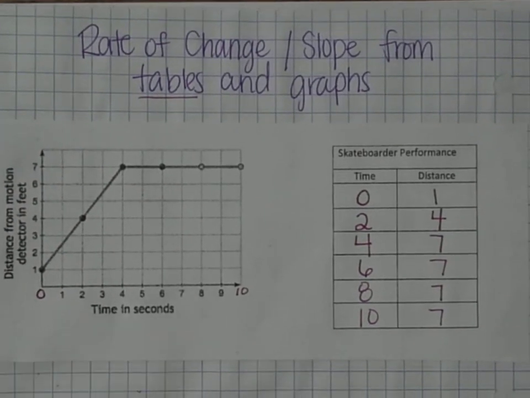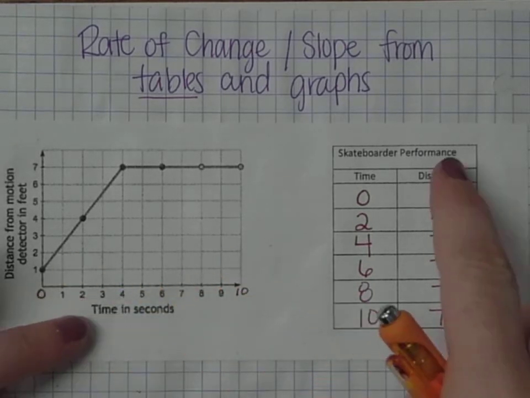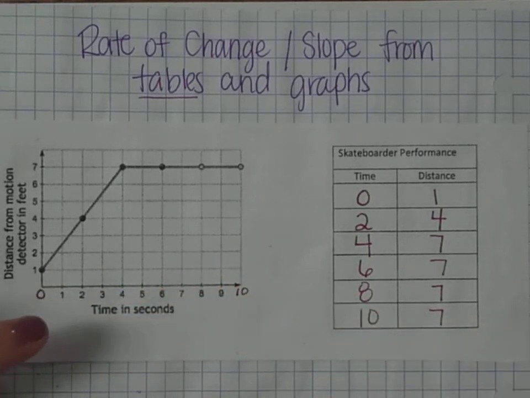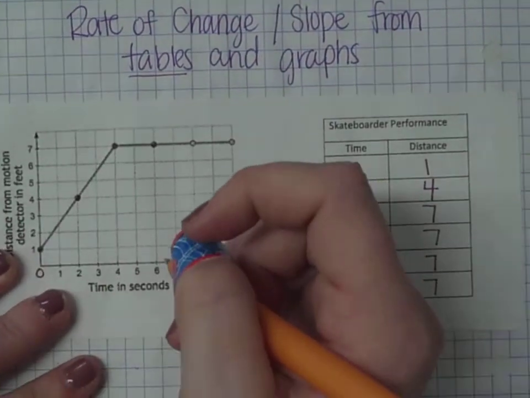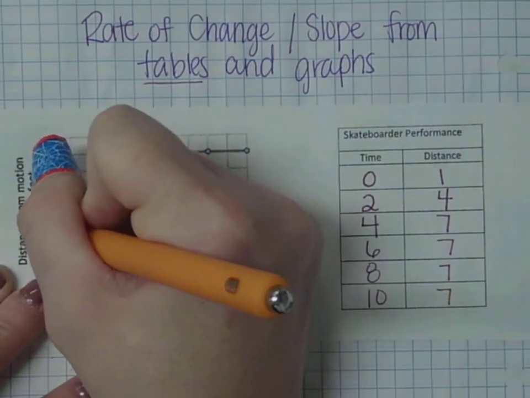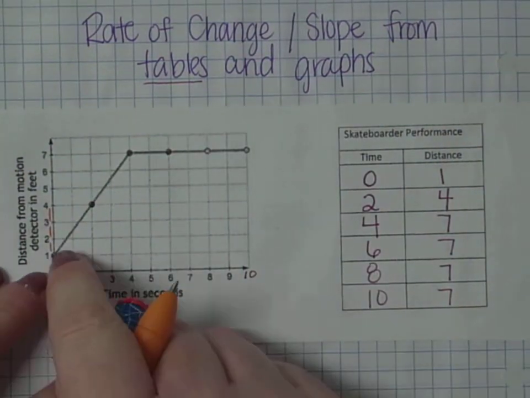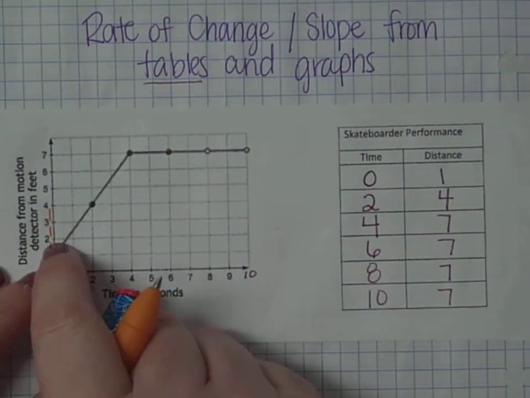Now you've been looking at rate of change with Terrence, the skateboarder, more of he's moving away, he's moving towards, and then the elevators, it was starting to get into rate of change. So if we look at this, we have been saying, okay, it is changing. So it's changing from 1 to 4.